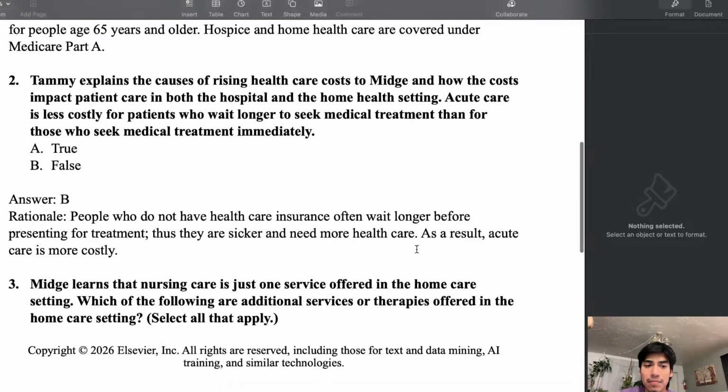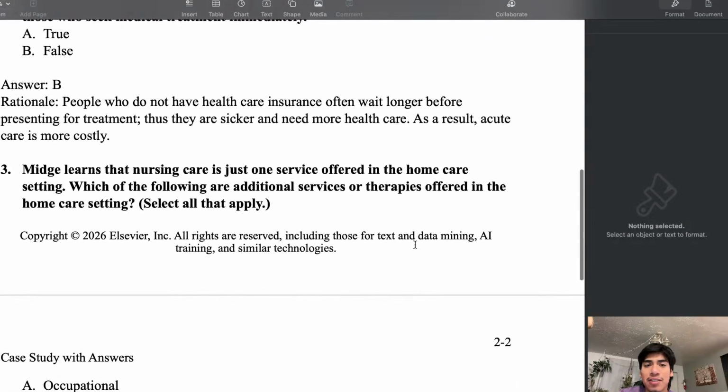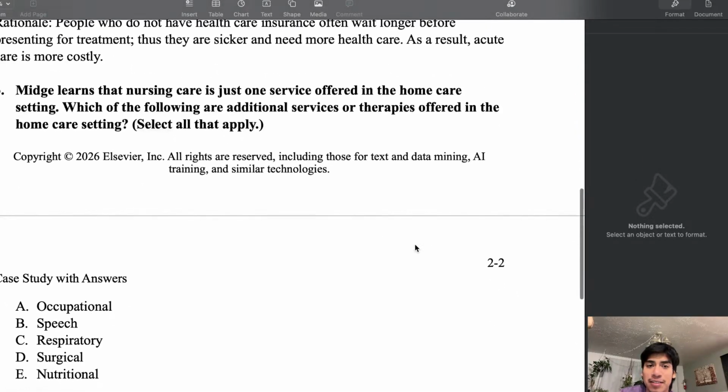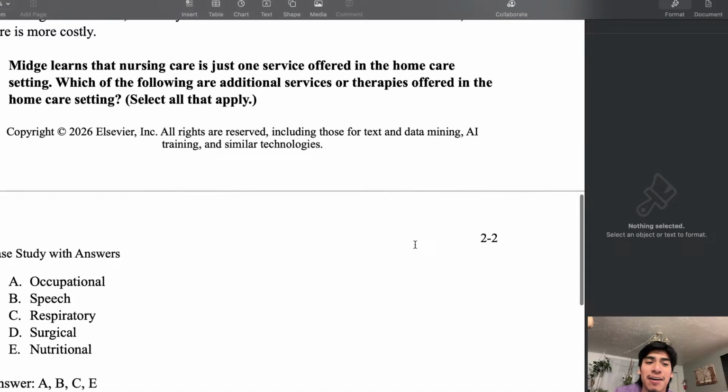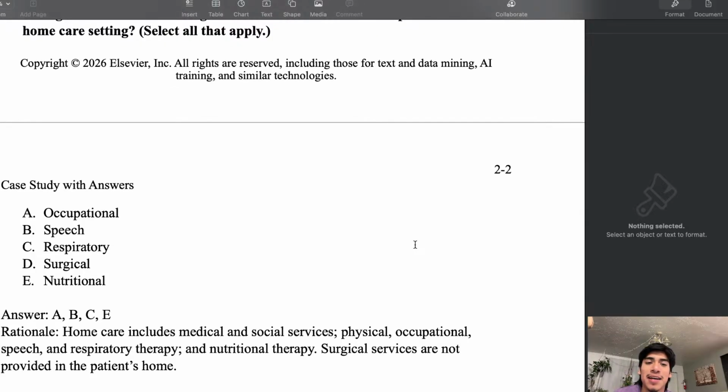So Midge learns that nursing care is just one service offered in home care settings. Which of the following are additional services or therapies offered in home care settings? Okay, so home care, occupational, yes.